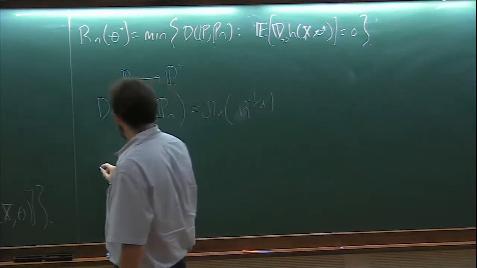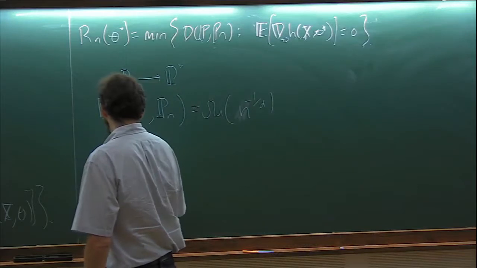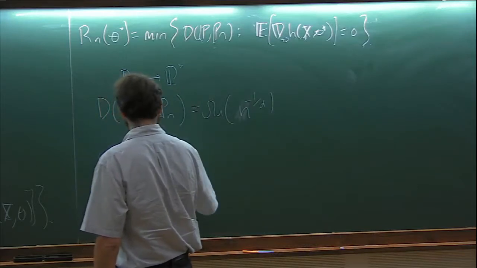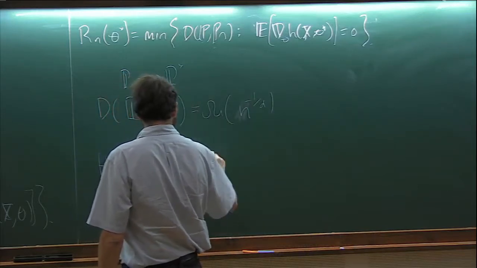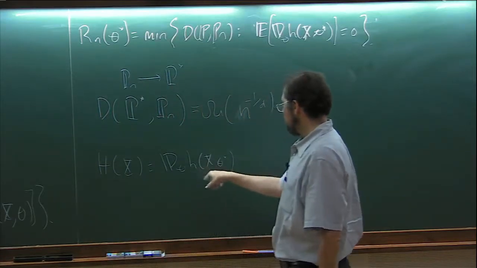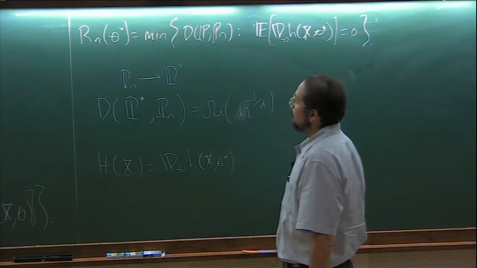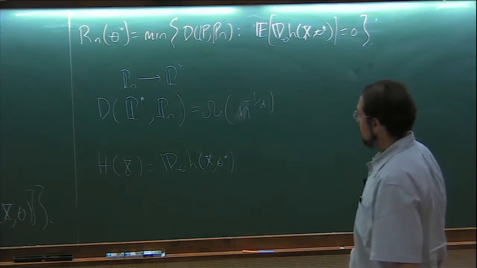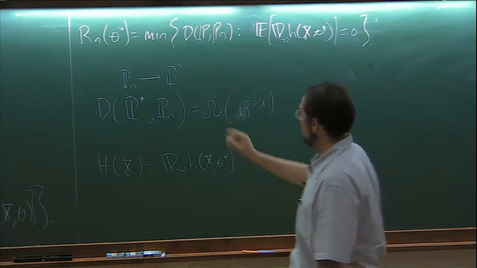So I'm going to introduce a notation. I'm going to let h of x equal to the gradient with respect to theta of h(x, theta star). I'm not going to be carrying this theta star all the time. And what I'm interested in is estimating the asymptotics of this object.